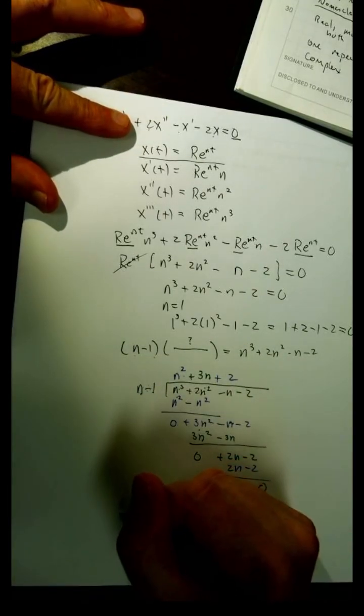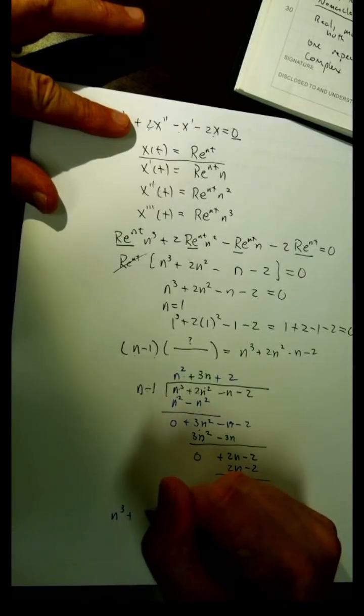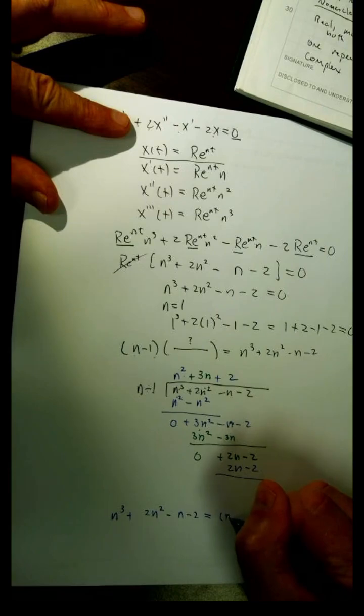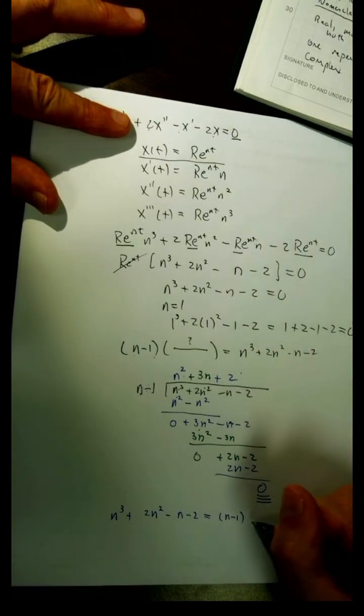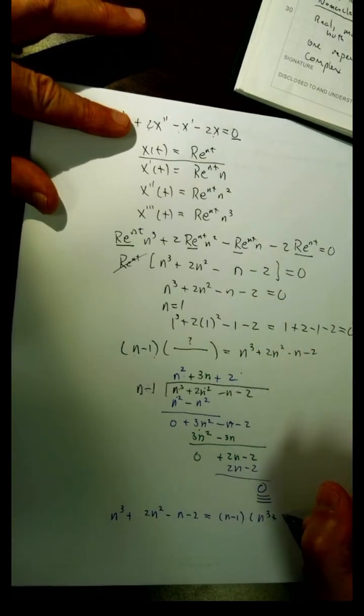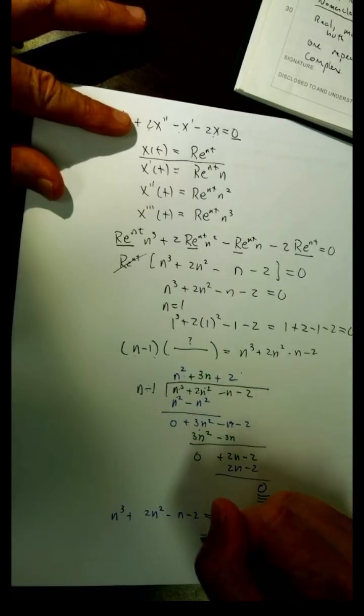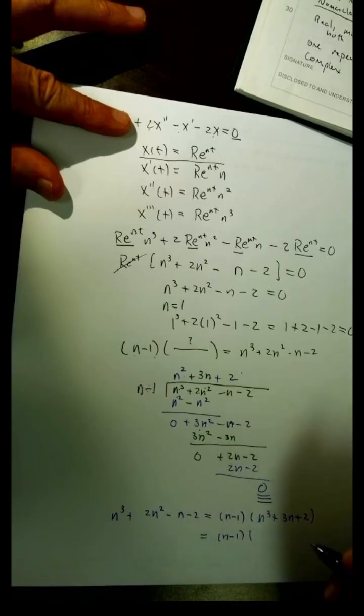But what does this say? This says that n cubed plus 2n squared minus n minus 2 is equal to n minus 1 times this thing on top. Now I have a quadratic, and I can either factor it or use the quadratic equation, but I can see offhand that this is n plus 1 times n plus 2.